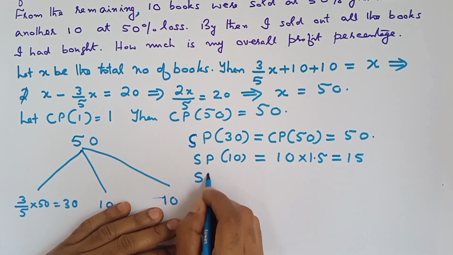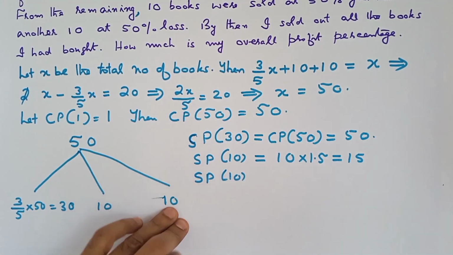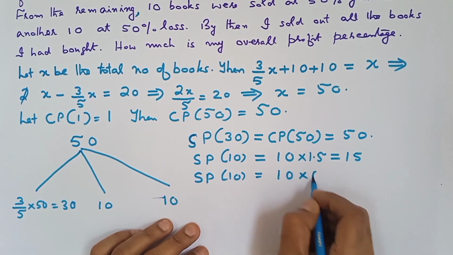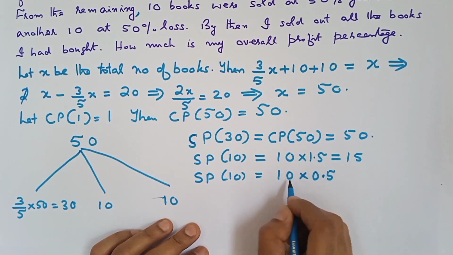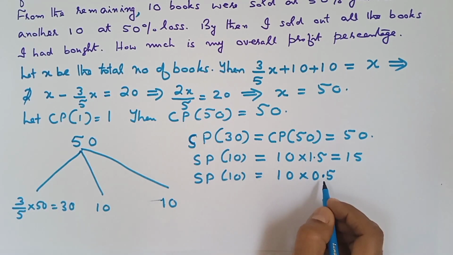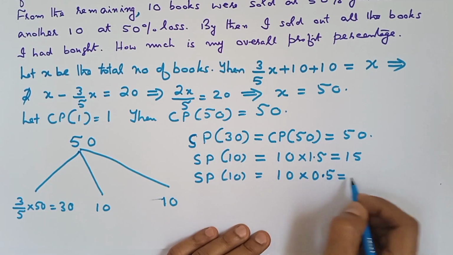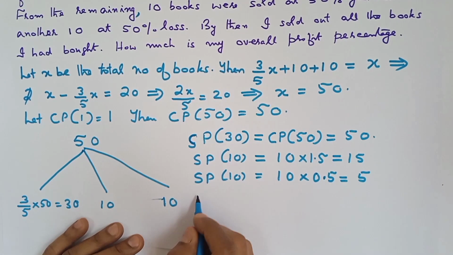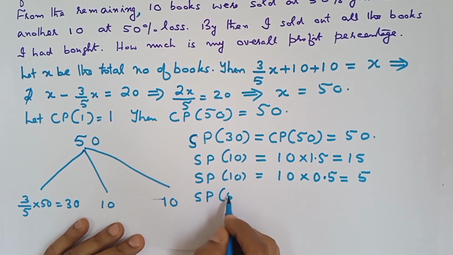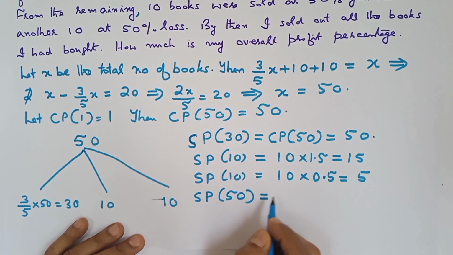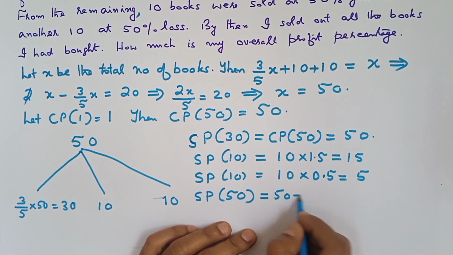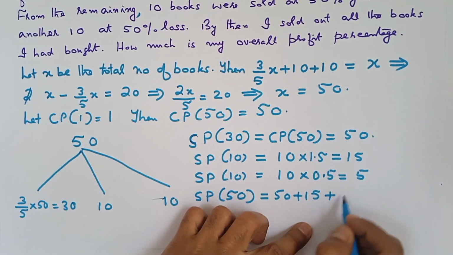Similarly, SP of the third part, this 10 books, which was sold at 50% loss. So again cost price into 0.5. That will be 5. Now let's sum up all this.